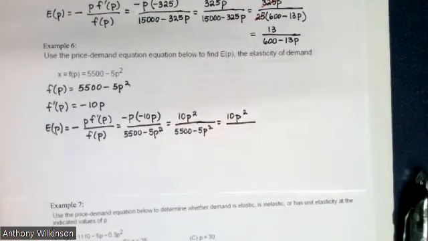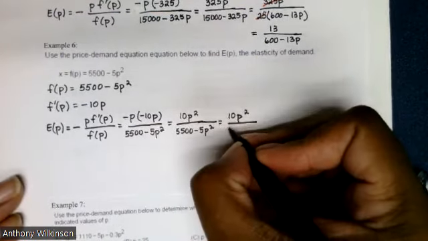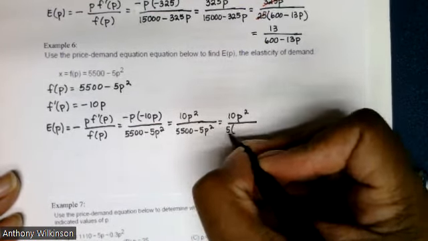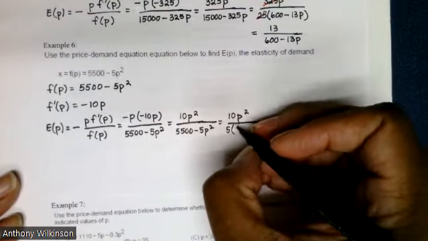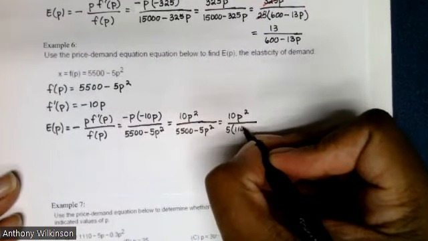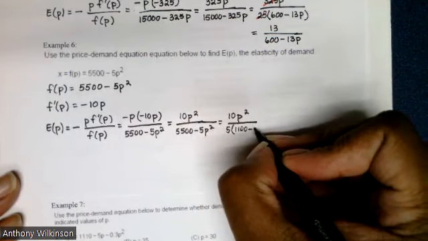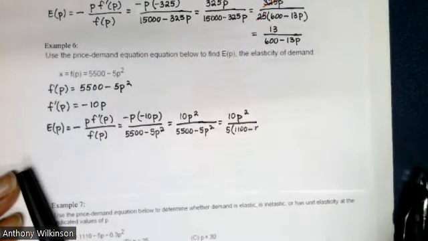In the denominator, I can factor out the 5. 5 is the largest number that goes into 5,500 and 5P squared. So if I factor out that 5, 5,500 divided by 5 will be 1,100. Minus 5P squared divided by 5 will be just P squared.